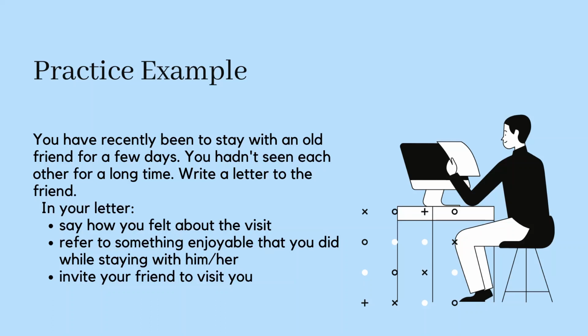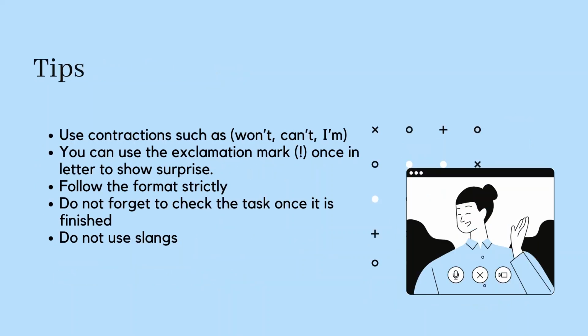So this brings us to the last part of this lecture, that is tips to improve your informal letter writing. The first point to remember is you should use contractions such as won't, can't, am and so on. When you use contractions, your letter looks informal.